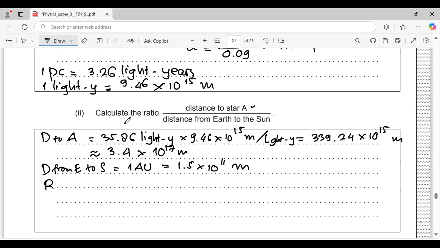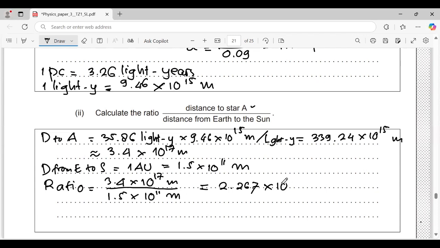So the ratio, according to this information, equals 3.4 times 10 power 17 meters over 1.5 times 10 power 11 meters. It is 2.267 times 10 power 17 minus 11, rounded to 2.3.